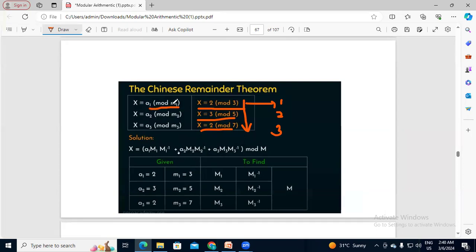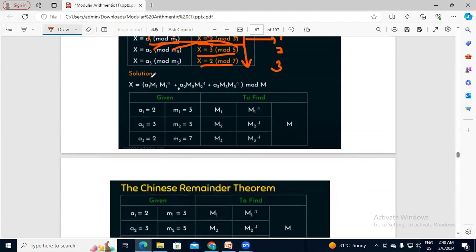So how is the mapping done? A1 and M1, A2 and M2, A3 and M3. You can consider M1 as 3, A1 as 2, M2 as 5, A2 as 3, that way. And this is the Chinese remainder theorem equation.